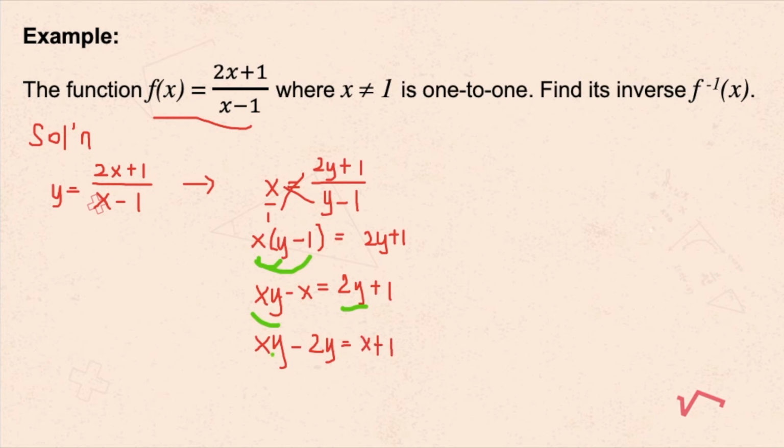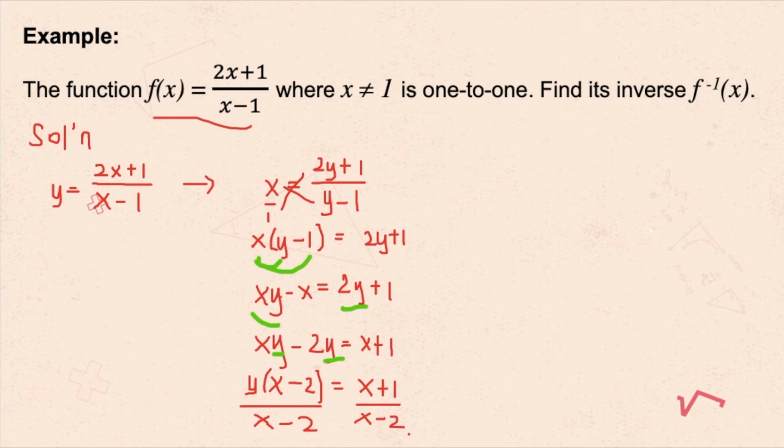With this, we have to factor y out of xy minus 2y. So this will be y times the quantity of x minus 2 equals x plus 1.